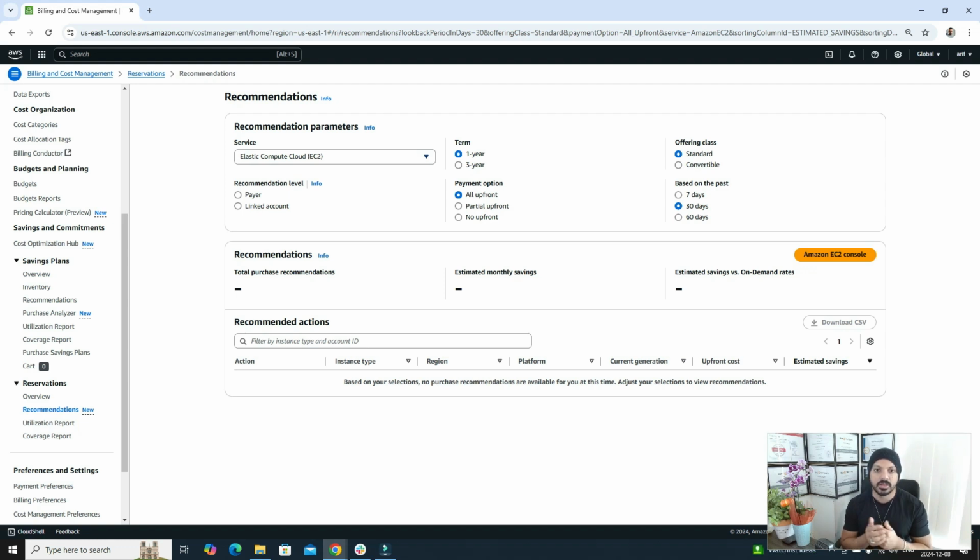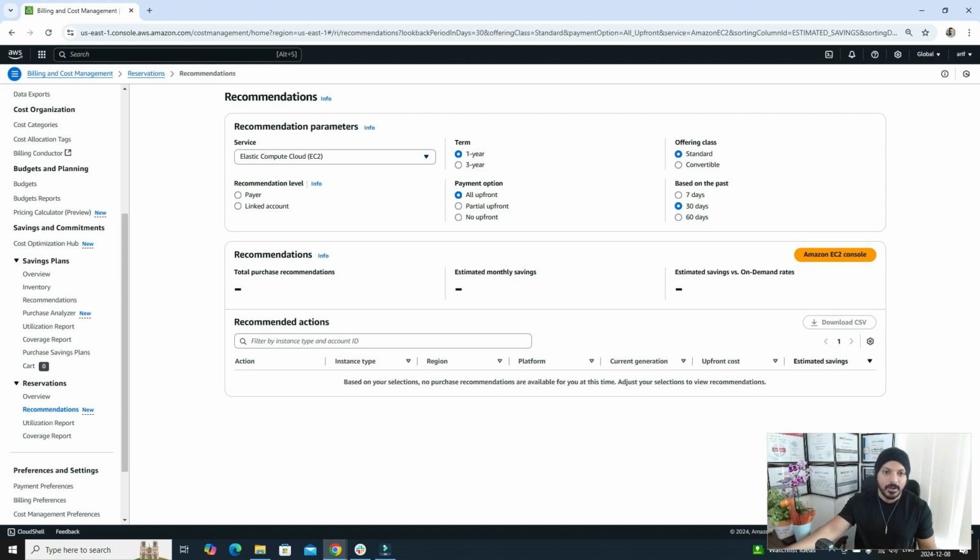And then also you can pay all upfront, partial upfront, or no upfront. So here we also have the flexibility. And yeah, then we will pay less than 75% of the on-demand cost that we are currently paying. So isn't it cool? Basically we are using the same resources, but we are paying less.